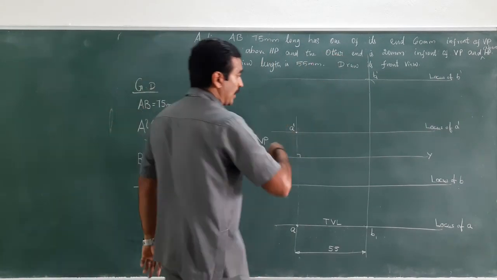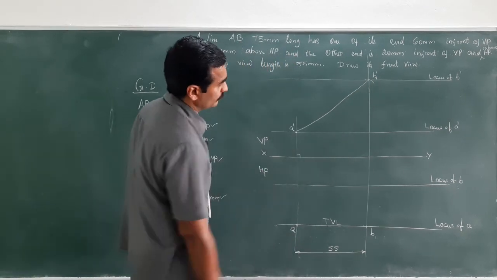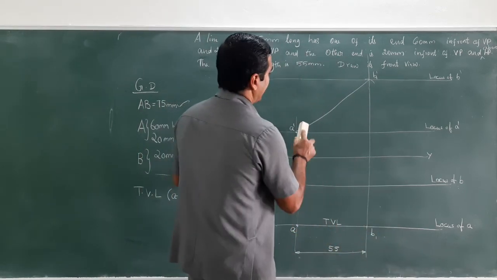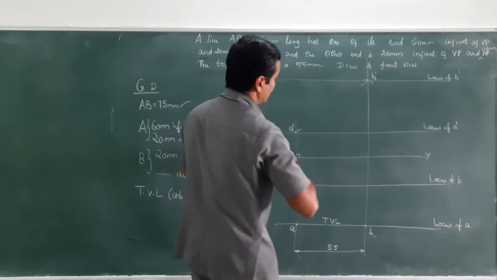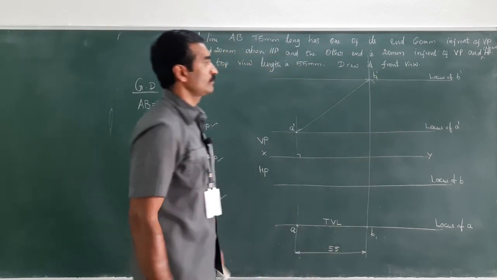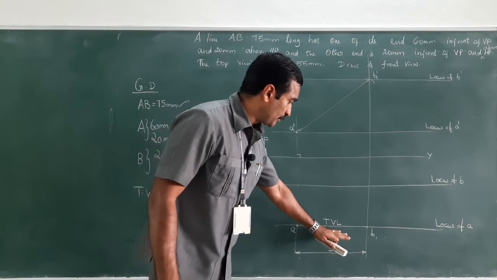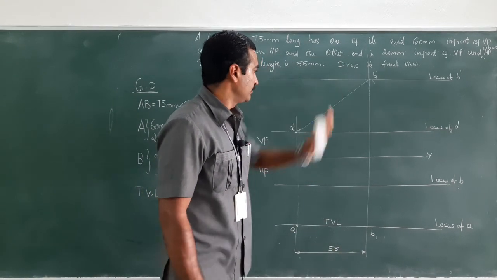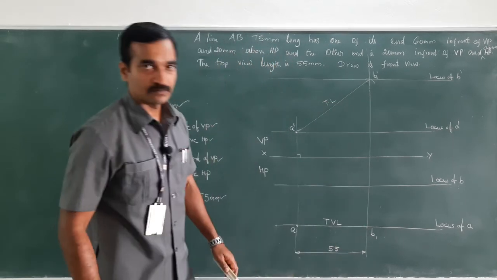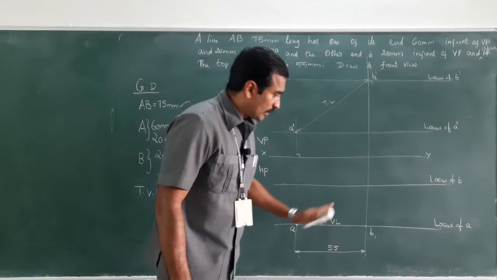Now connect the points A dash and B1 dash by a thin line. So the top view length being projected here, we got the true length. Now what I have to do?